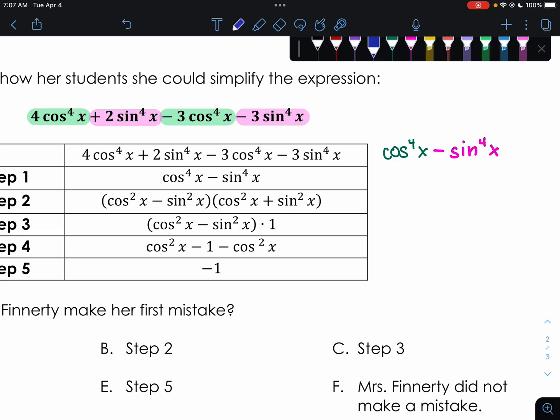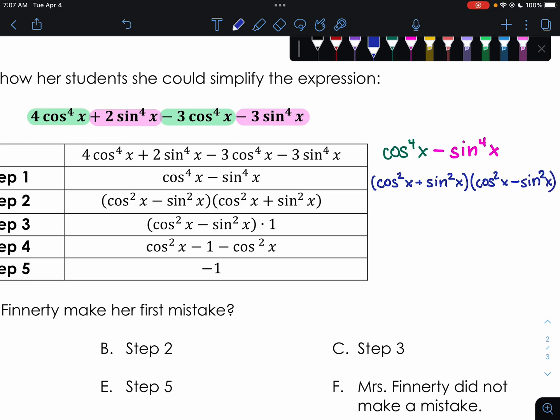Then it's up to you to understand that this is a difference of squares. To the 4th power is a perfect square, so I can factor this as cosine squared x plus sine squared x times cosine squared x minus sine squared x.